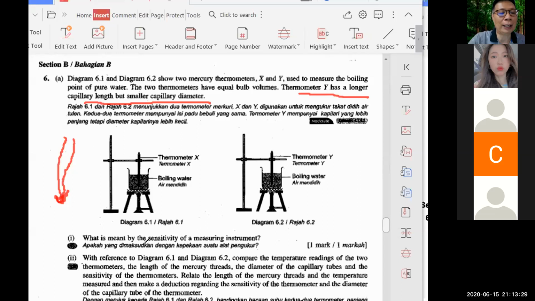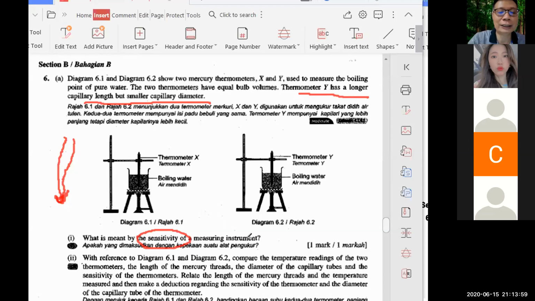What is meant by sensitivity? What is the meaning of sensitive when we talk about thermometers? What is meant by the sensitivity of a measuring instrument? Sensitive means it can respond very fast, can measure very small change in temperature. If your temperature changes a little bit, it can also detect it.